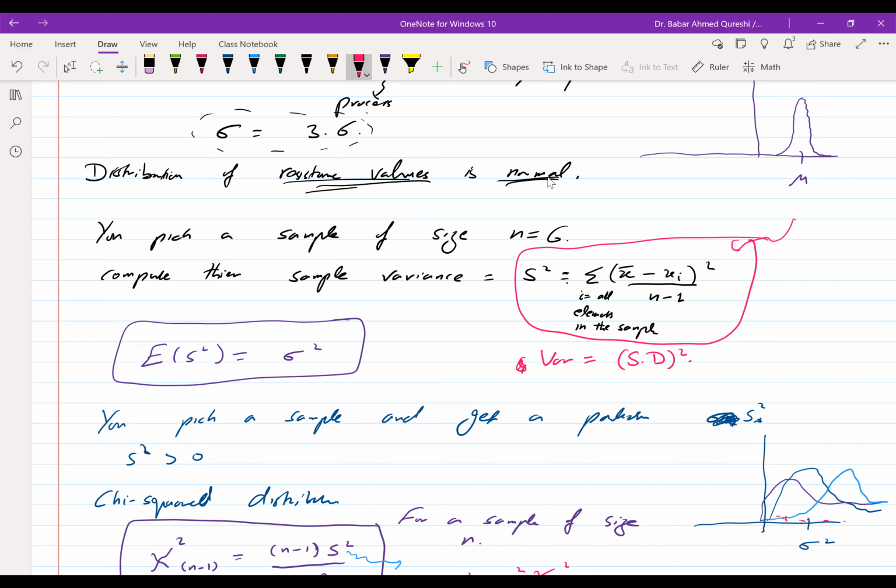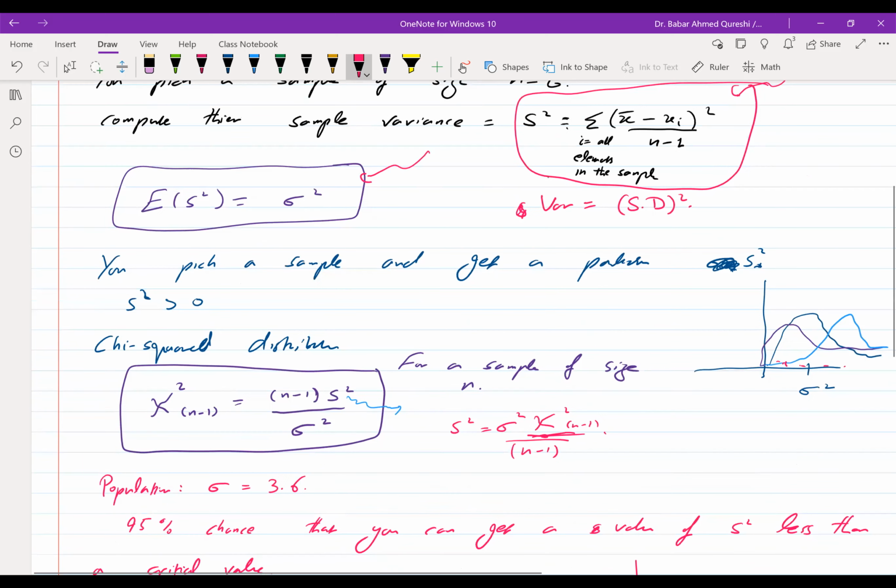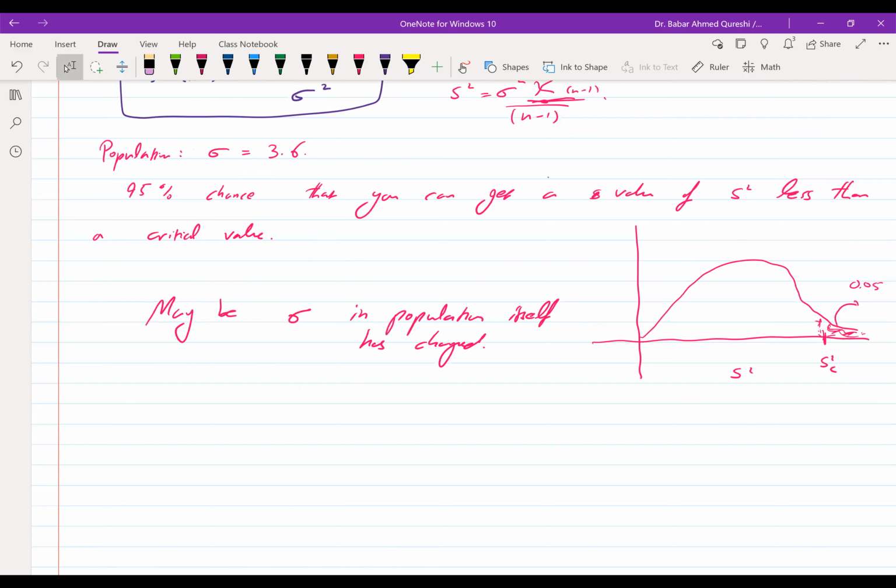But you know that the variance of the sample will have a mean which will match with the variance of the population, but it will be a random number. You will not hit it every time, and you are counting the probability that if you move away from this number, how much is the probability. So you have this chi-square variable, and you have this relation, S square over sigma square.